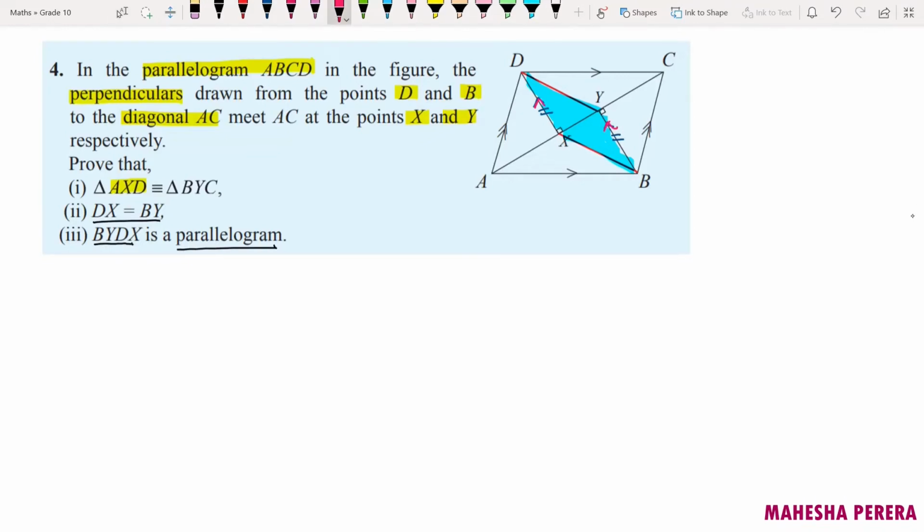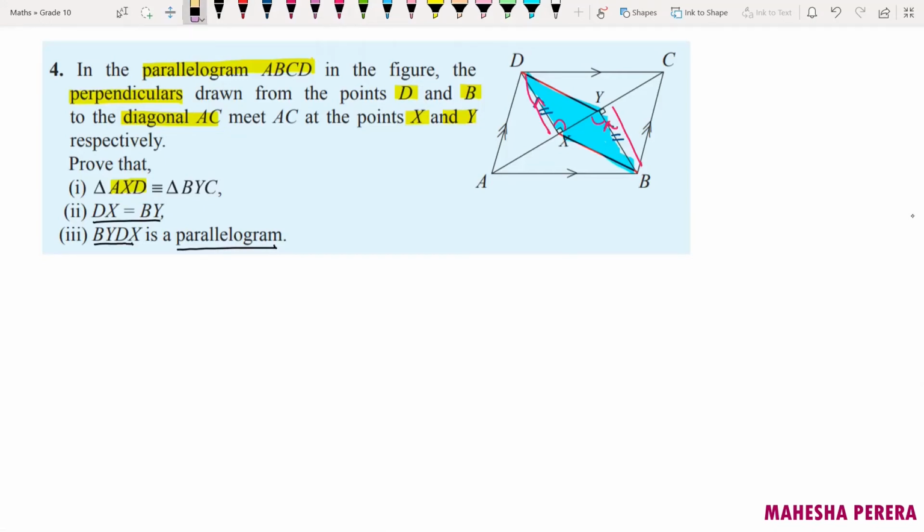Now, do you remember, if these two angles are equal, that means these are alternate angles. So when alternate angles are equal, these two lines become parallel, right? They automatically become parallel, right?